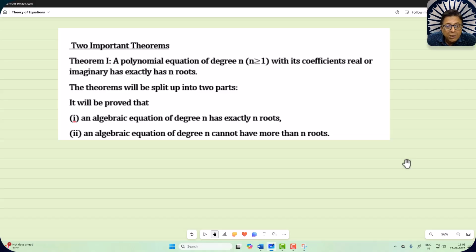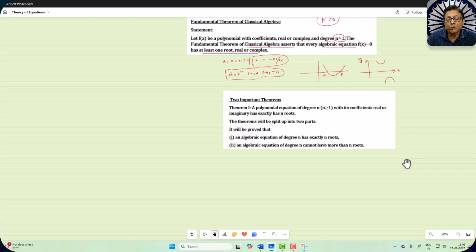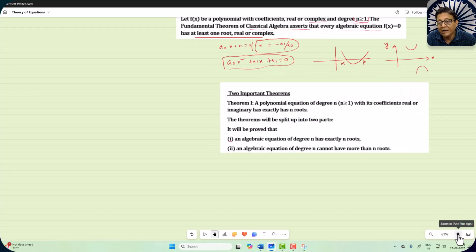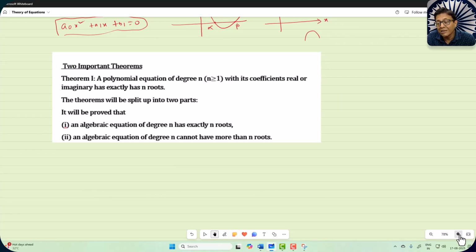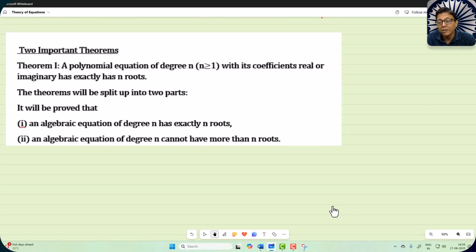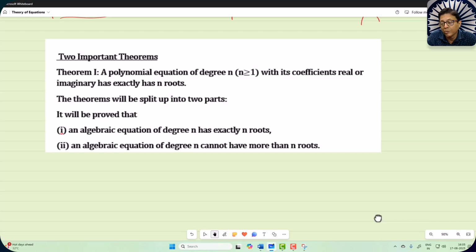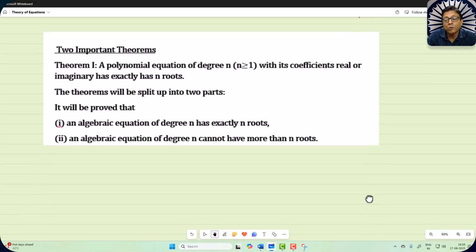It means an algebraic equation of degree n has exactly n roots, and at the same time, it cannot have more than n roots. Exactly n roots. Okay? How to prove this?